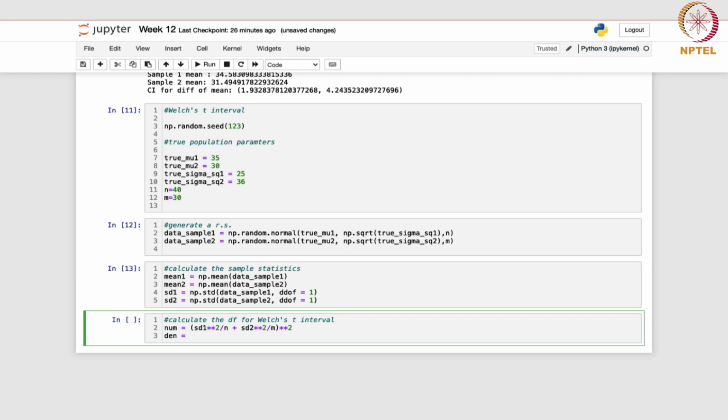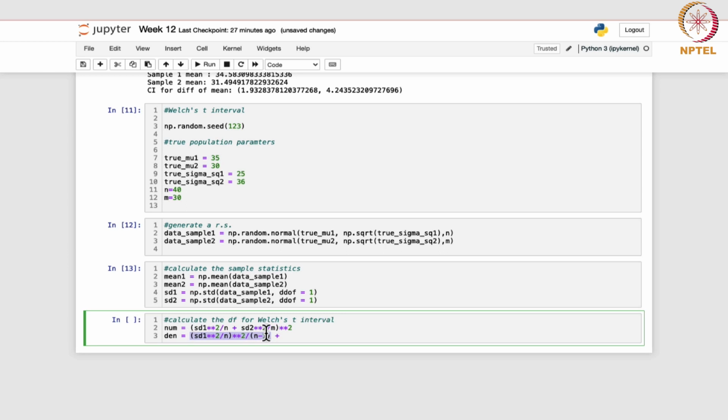So the denominator in this case would be sd1, sx square divided by n. Again, it would be raised to the power 2, and this whole would be again divided by n minus 1. And similarly, another term would come over here.